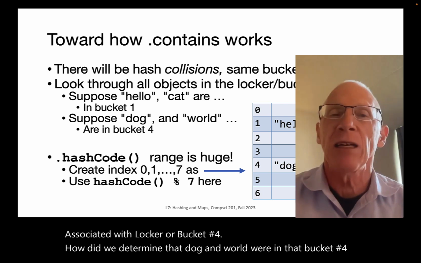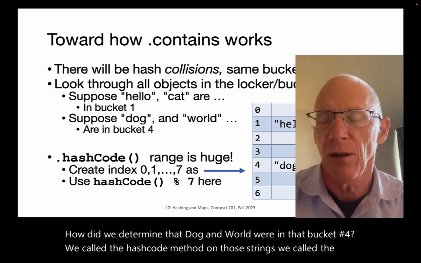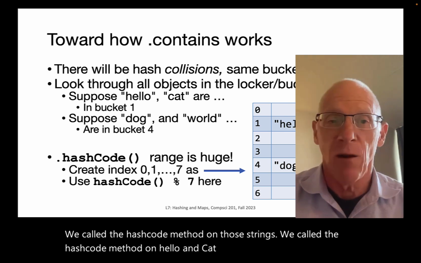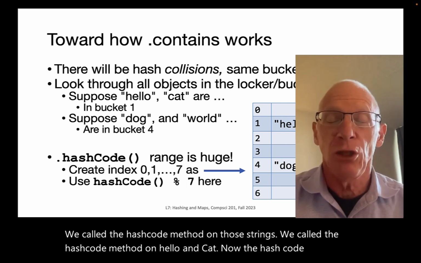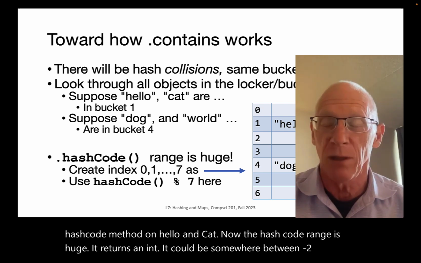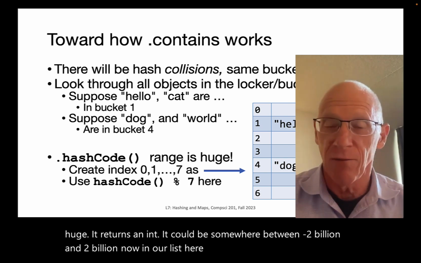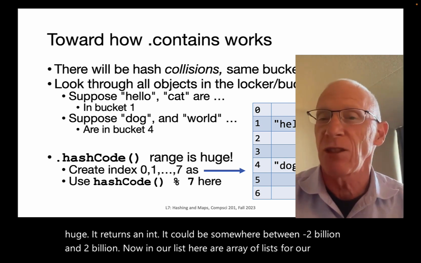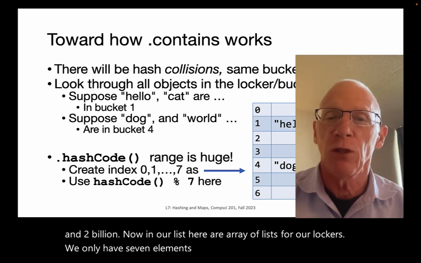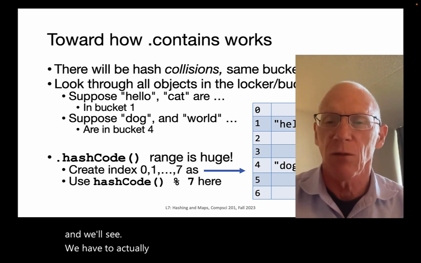We called the hashcode method on those strings. We called the hashcode method on hello and cat. Now, the hash code range is huge. It returns an int. It could be somewhere between -2 billion and 2 billion. Now in our array of lists for our lockers, we only have 7 elements. So we'll have to use hash code mod 7, and we'll see we have to actually do something slightly different.